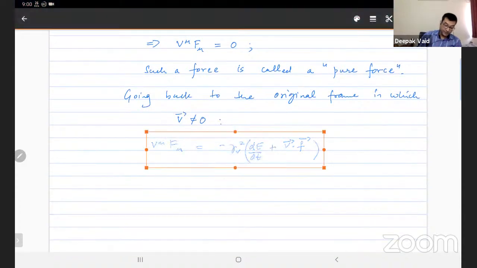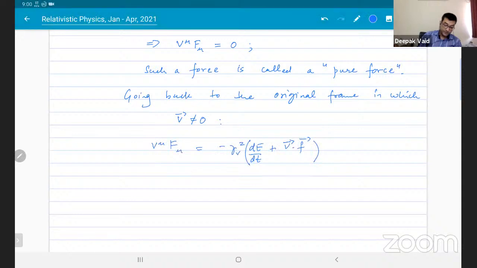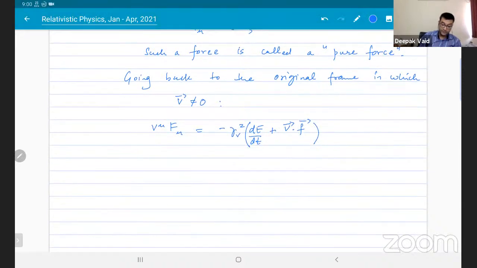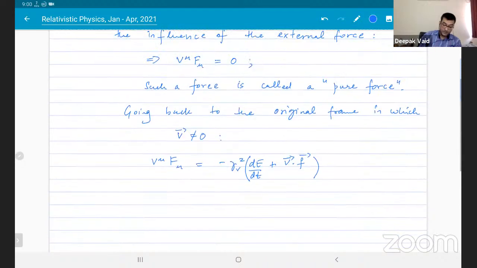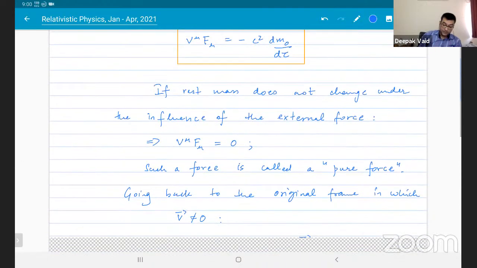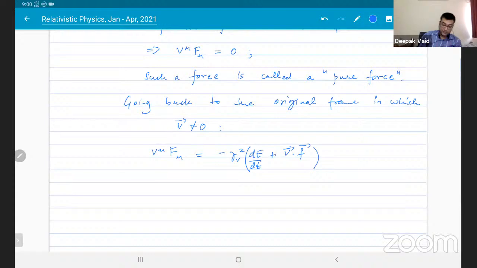So in this frame, we have this relationship between V and F, V dotted with F. So this is equal to V dot F in the rest frame, right?